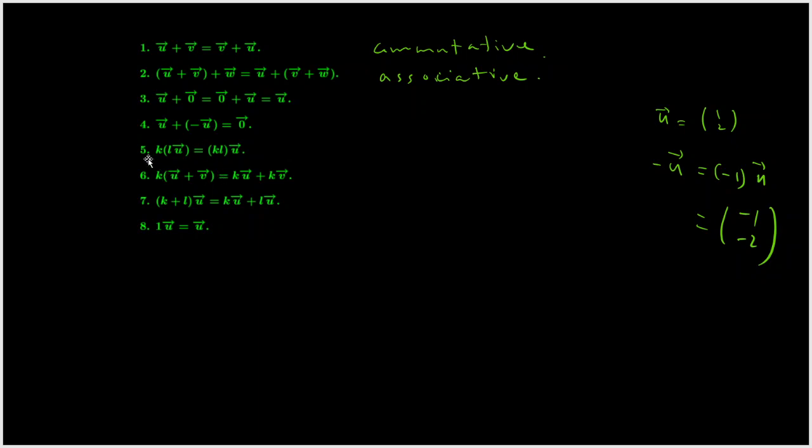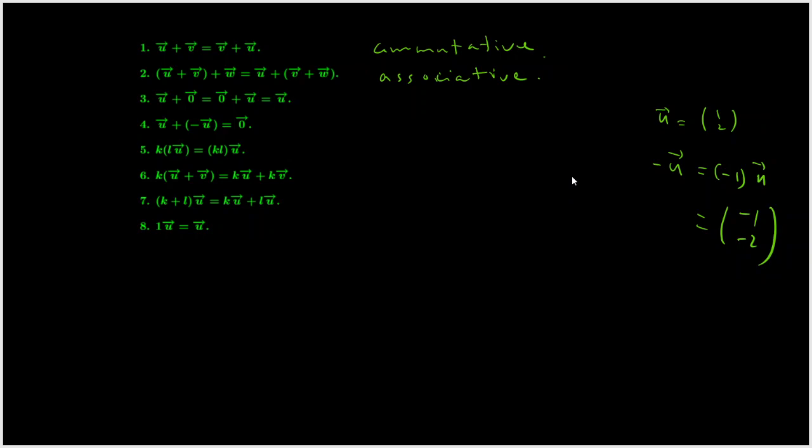And property number 5 is kind of associativity for scalar multiplication. It's kind of associativity for scalar multiplication. I do not want to write down the term. It's not very precise. So property number 6, there's a name for that. It means scalar multiplication is distributive over addition.